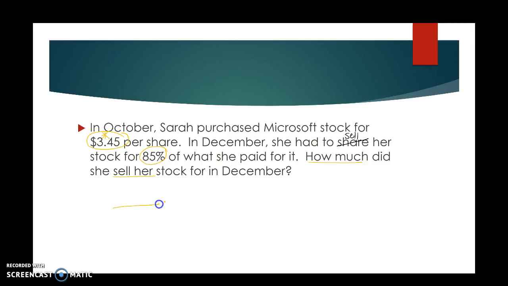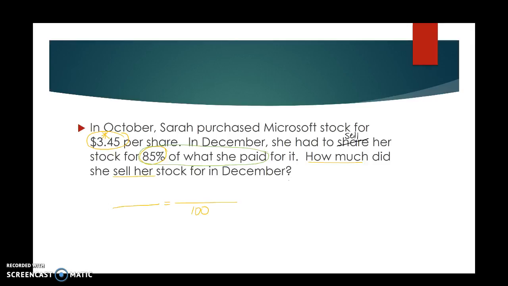So let's go ahead and set up our proportion. So I know what goes here. I put 100 at the bottom. And then we see a percent. And I know that you guys want to go ahead and put the percent up top, but we need to look at it for a second. So it says she had to sell her stock for 85% of what she paid.